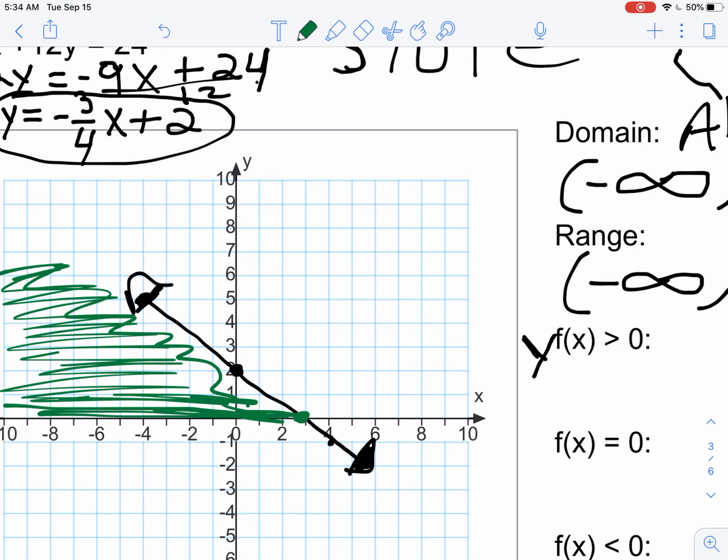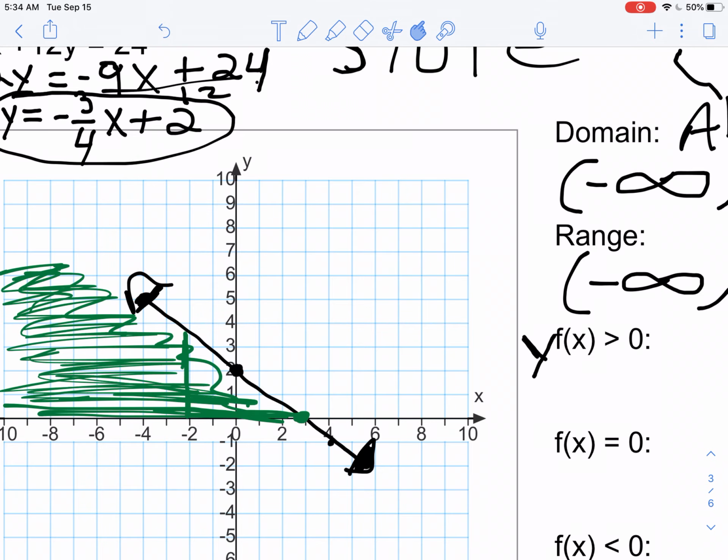If you wanted to see that, you could just pick any point on the x-axis and just go up to see the y. So everywhere in the green is where y is greater than 0.